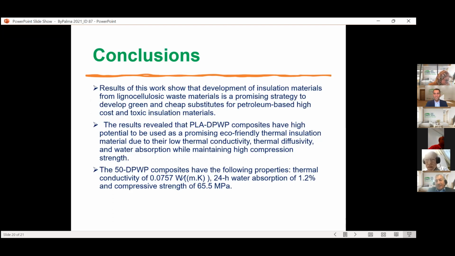In general, we can say that we can develop insulation materials from lignocellulose waste, as we have seen for the palm fibers, with promising results in terms of thermal conductivity, water retention, and mechanical strength.